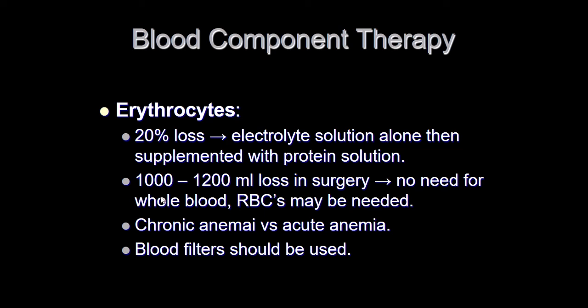If the loss is between 1 liter to 1.2 liters, for example, loss in surgery, here no need for whole blood. Maybe just red blood cells may be needed. One packed cell volume will be needed. Here in a chronic anemia, for example, versus acute anemia.